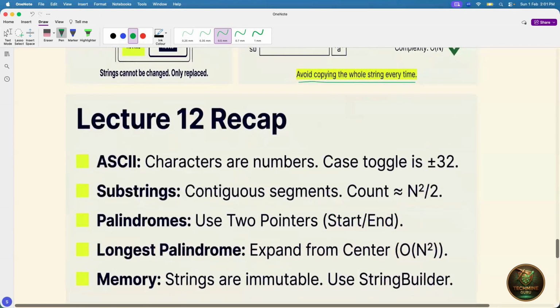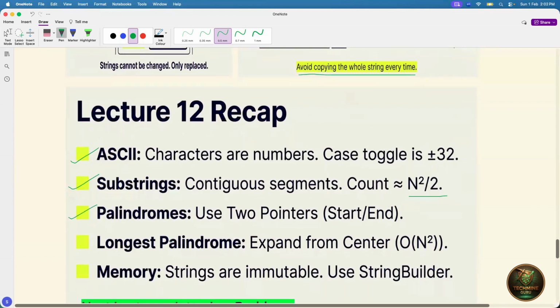Now to wrap up today's session, we learned about ASCII, where we learned that characters are numbers, and we also solved a problem of toggle. Then we learned about substrings, how substrings are contiguous segments of a string, and how to find the total number of substrings, which is n into n plus 1 by 2, approximately n square by 2. Then we learned what palindromes are and how to check a palindrome using the two-pointer technique.